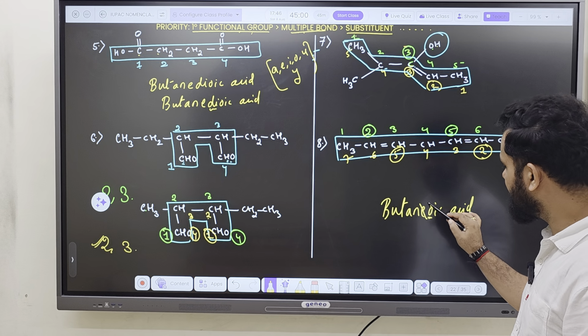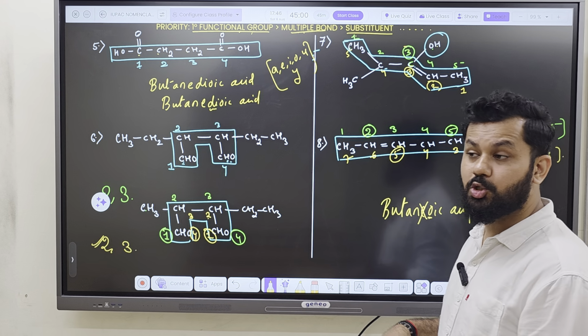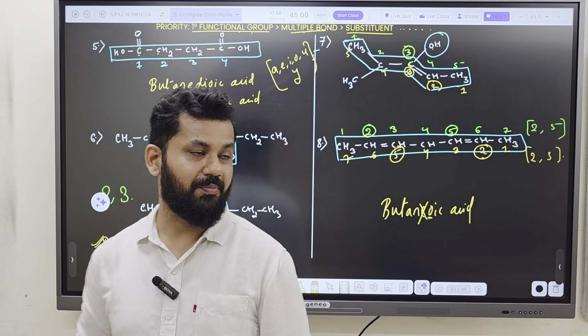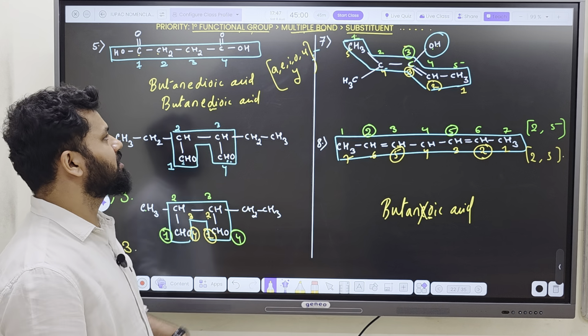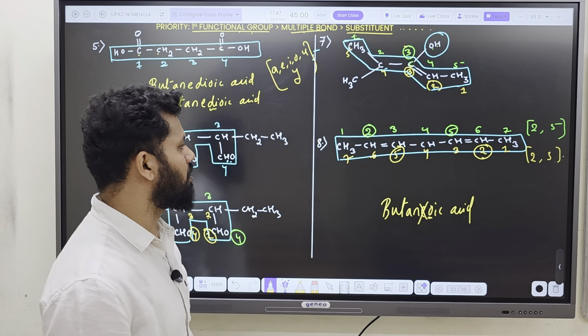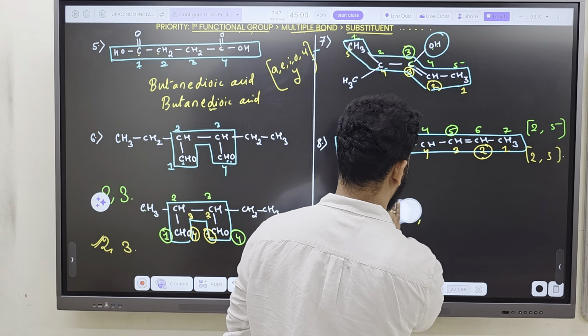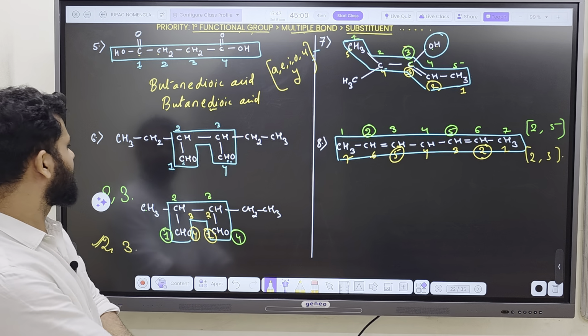So this E I shall not write. E is to be omitted if the next alphabet is one of A, I, O, U or Y. So remember that small technicality.